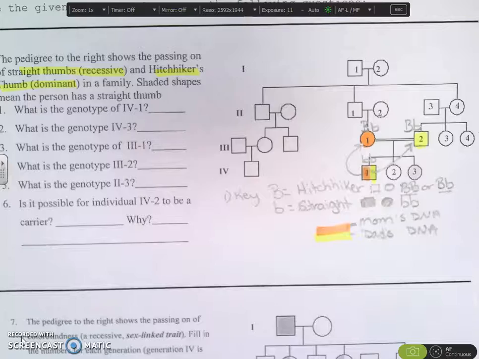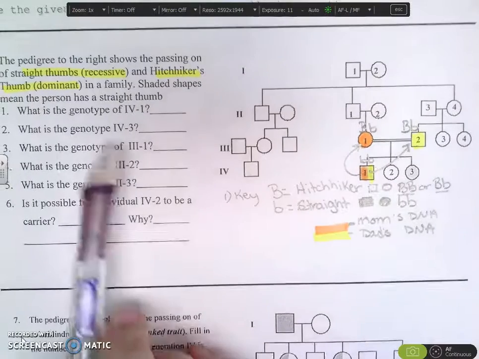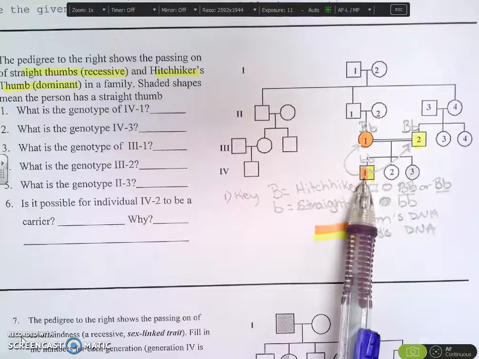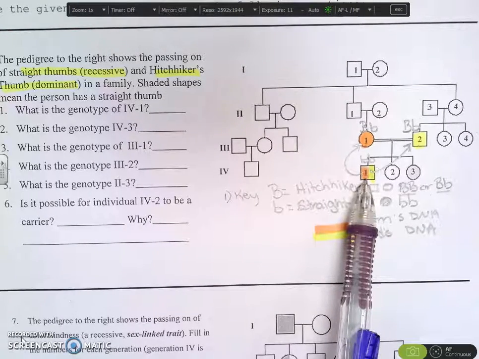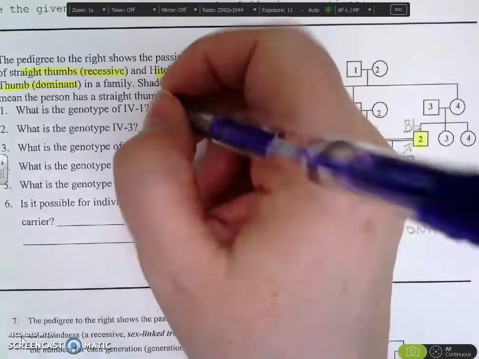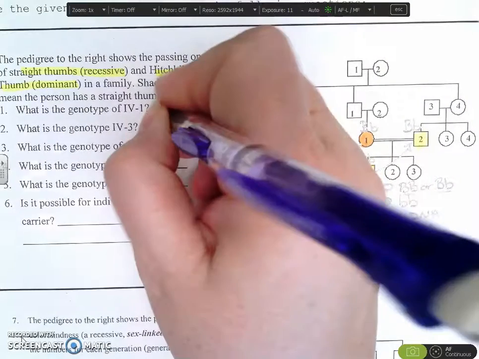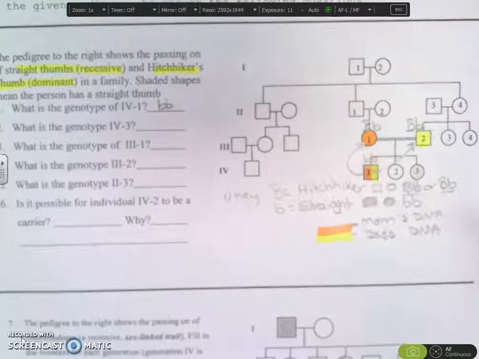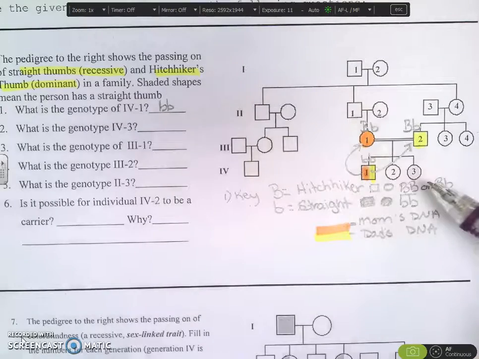Based on the genotype, question 1, what is the genotype of Generation 4, Subject 1? I'm waiting for you. Homozygous recessive. All right, number 2, what is the genotype of Generation 4, Subject 3?